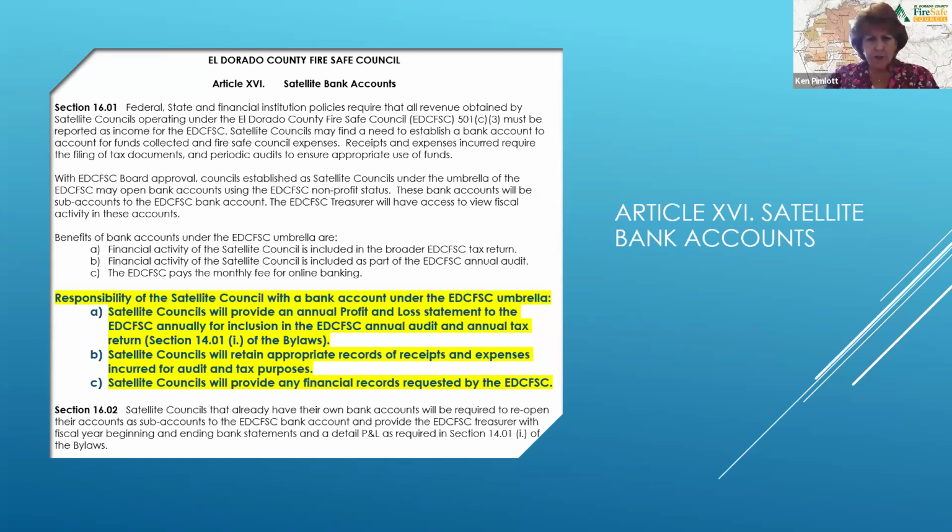Lester also asked, checks received for address signs, is there a need to track these? You're going to show those as receipts for address sign sales in your profit and loss, Lester. So you should be able to match your address sign sales forms that you receive. I know Occam has a form that they have people who are requesting address signs fill out so that they can be made.